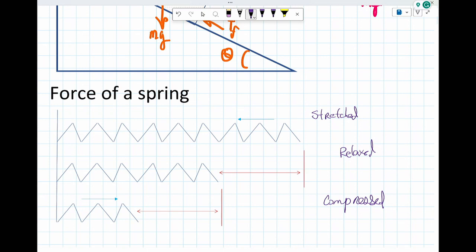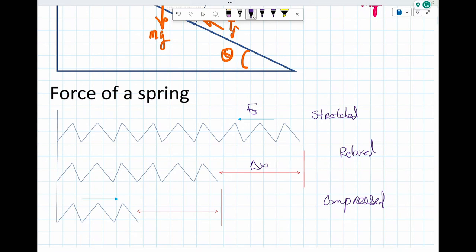And if I have stretched springs, so I take the spring and I stretch it by a distance, to stay consistent, delta x. My force of the spring wants to return to the relaxed state.